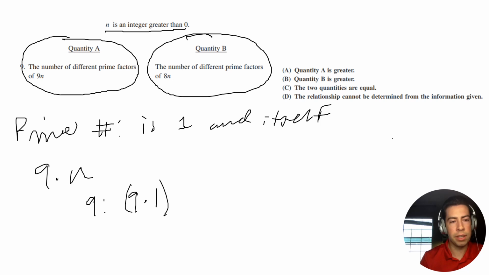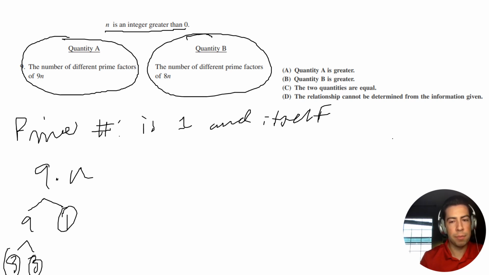Let me break this down a little bit nicer, okay? So 9, right? We have 9 and 1, and then we have 3 and 3, okay? So 1 is a prime number, and 3 is also a prime number, okay? So remember, it says the number of different prime factors, okay? So for 9, we only have 2, right? So 2 prime factors, all right?